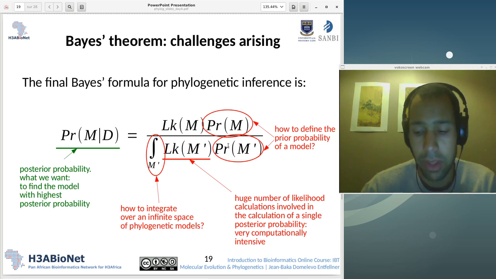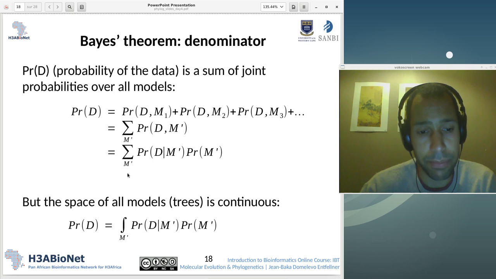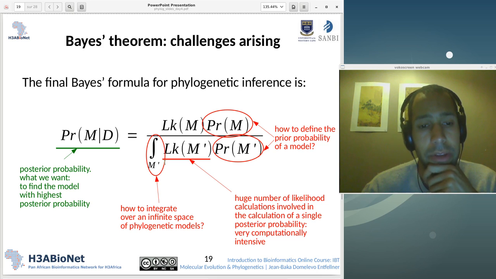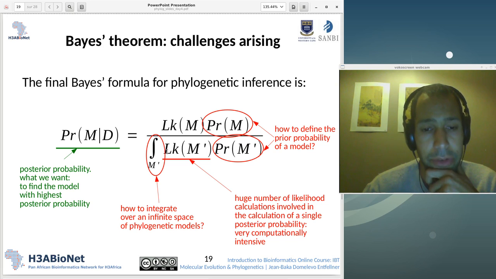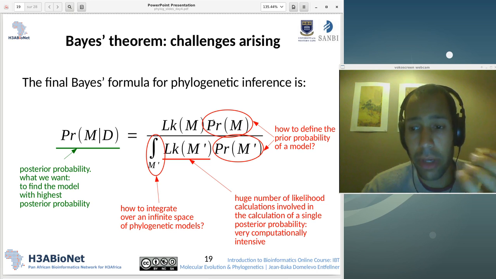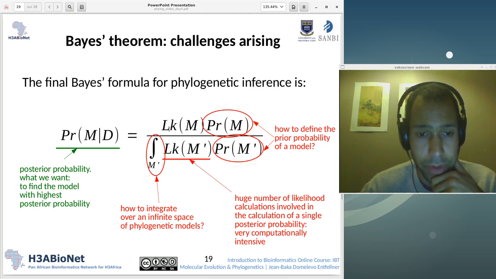I replaced the probability of D knowing M prime by the likelihood of the model, LK of M, and here we have an infinite sum of these likelihoods times the probability of the model. So we see that the numerator and the denominator have the same kind of shape, only that at the numerator we have one element, and at the denominator we have an infinite sum of the same type of elements.